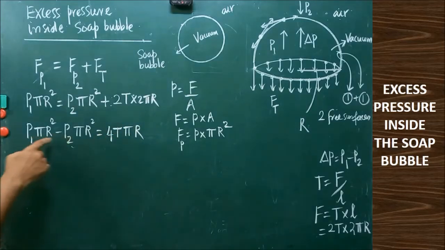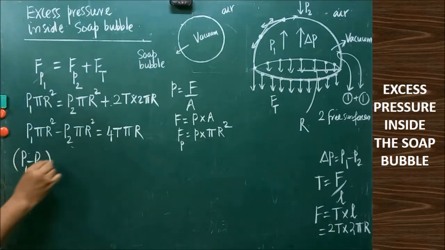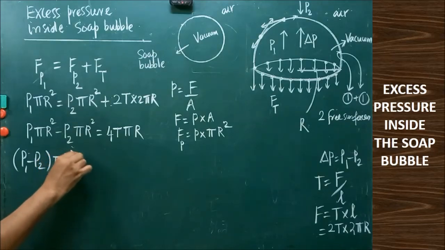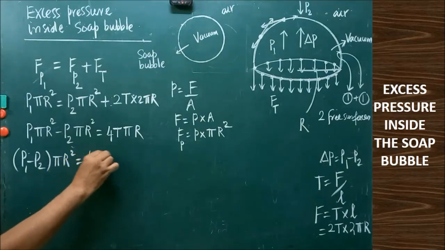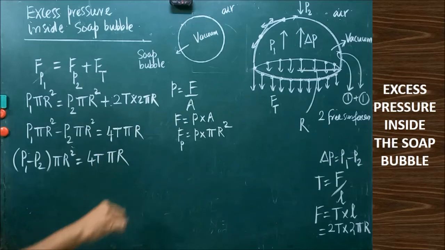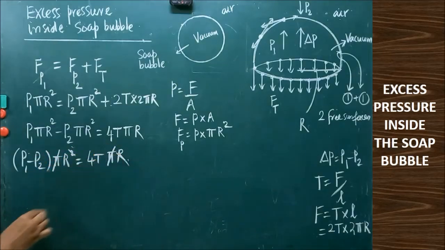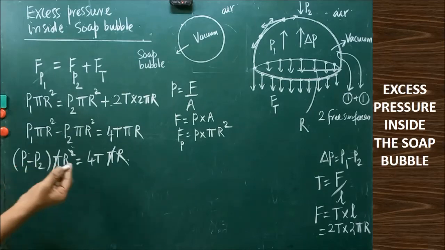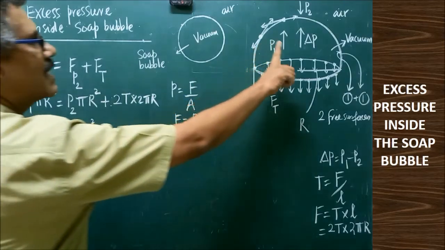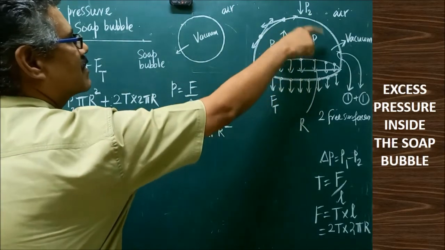Here the excess pressure can be calculated from this expression: (P1 minus P2) pi R square is equal to 4T pi R. That is the expression. Pi can be cancelled, one R can be cancelled. P1 minus P2 is nothing but the excess pressure that is acting from inside, that is on the concave surface.